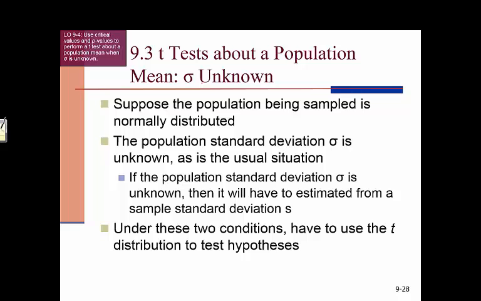Okay, so when sigma is unknown, we are going to use the t-test when we are testing for means, the mean, mu.